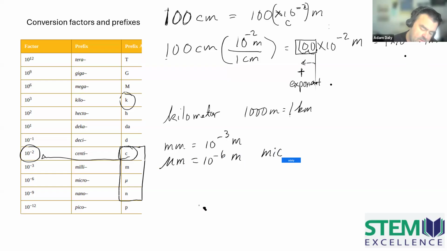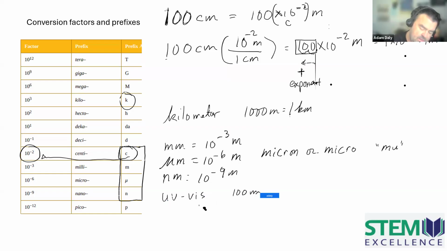This is the micron or micro, and the Greek letter mu. Then we have nanometer, 10 to the minus 9 meters. And so for example, UV light and visible light span 100 nanometers to 700 nanometers.